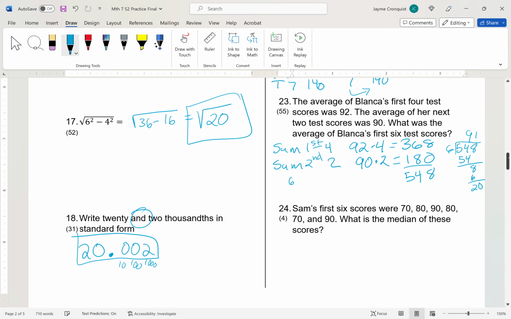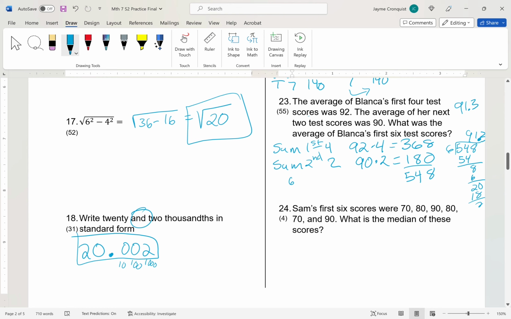So I have 20. 6 goes into 20 3 times, so that's a point 3. 18, 2. So it looks like I'm going to keep having 3. So it's going to just be 91.3. I'm going to double check that math just because I don't want to mislead you. Yep, that's right, 91.3 with a bar, but since we're talking about test scores, we're just going to say 91.3.